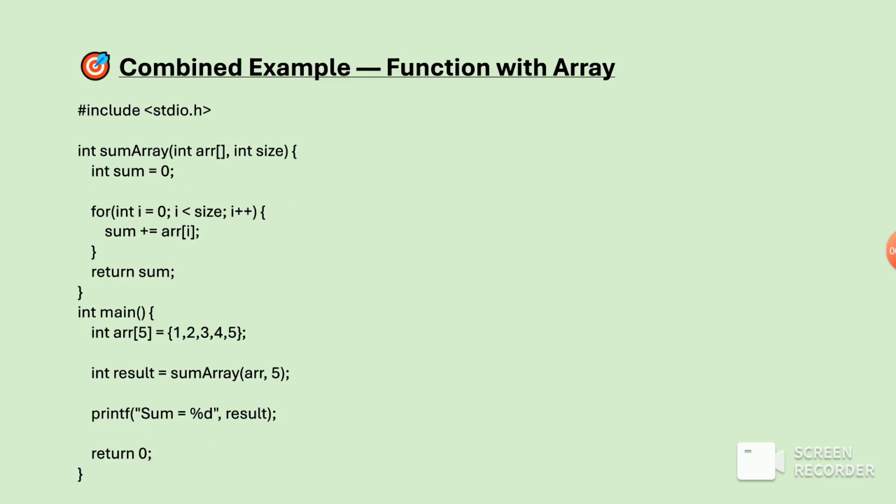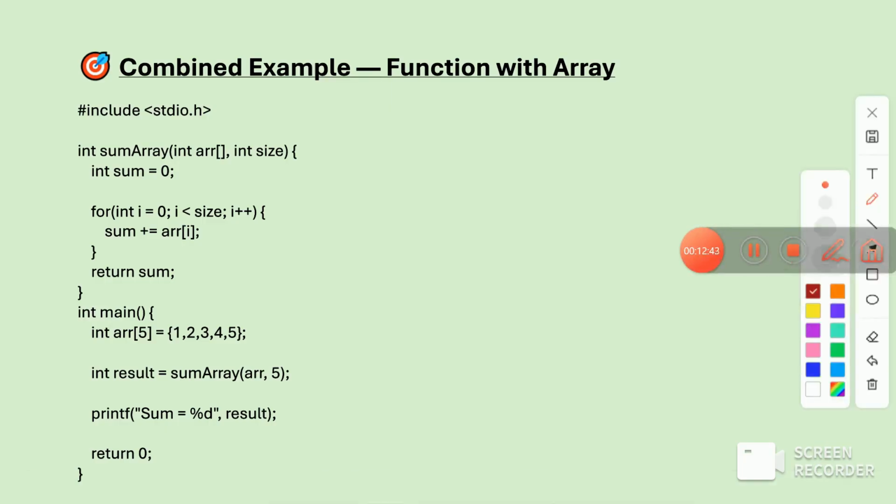In this session we cover functions in C programming and arrays in C programming. The combined example here starts with stdio.h, our header file. The function is an integer sum of array, and we pass the array elements and the size of that array.